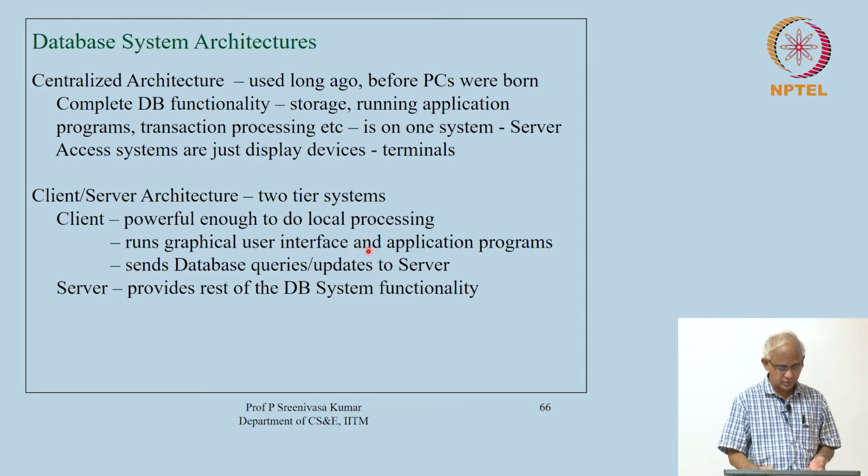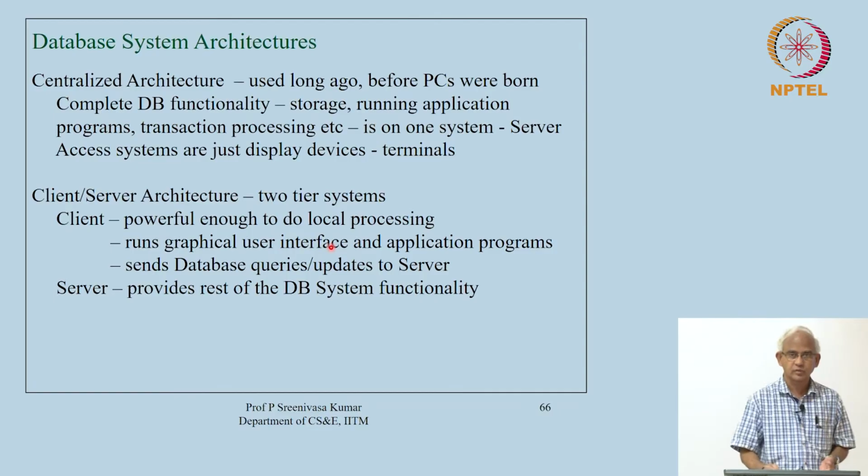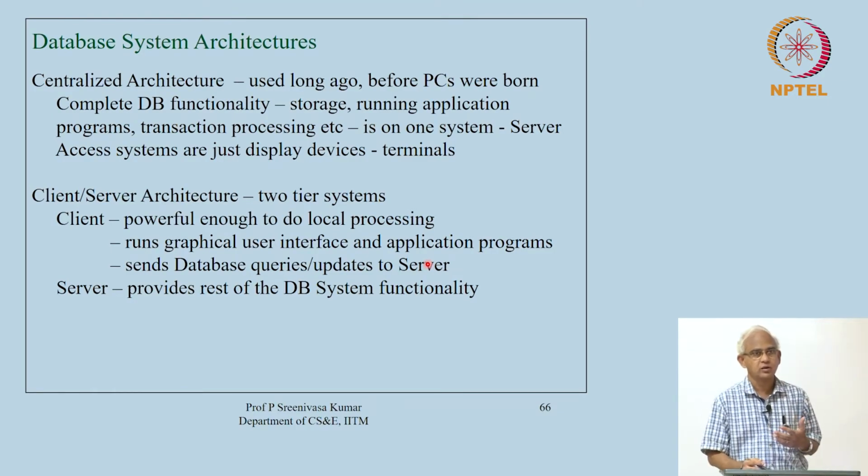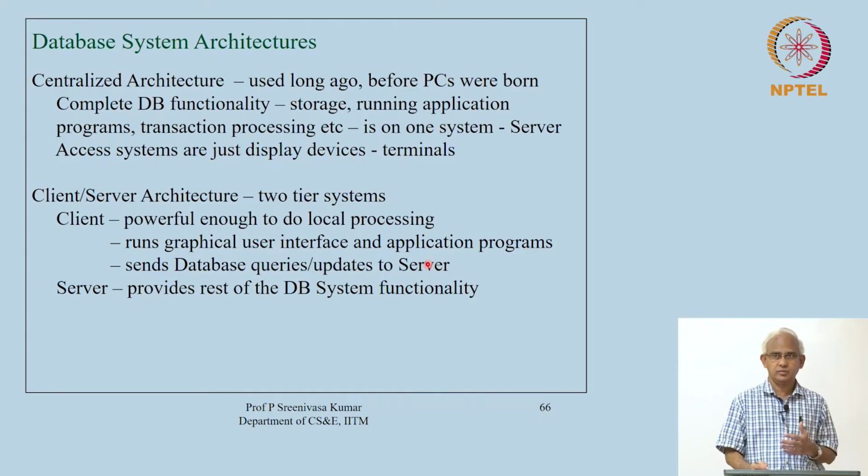So, the client systems will be sending the database access request alone to the database server. The database server is the one that holds all the data, authenticates the users who are supposed to use the data, and then grants permissions to use, and also keeps track of all the modifications, all the complete functionality of databases, like taking care of the storage, transaction processing, and concurrency control, recovery, all that is in the server.